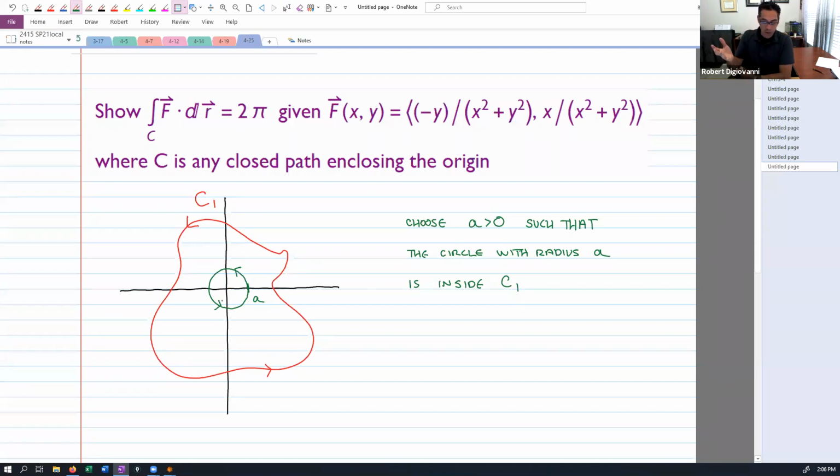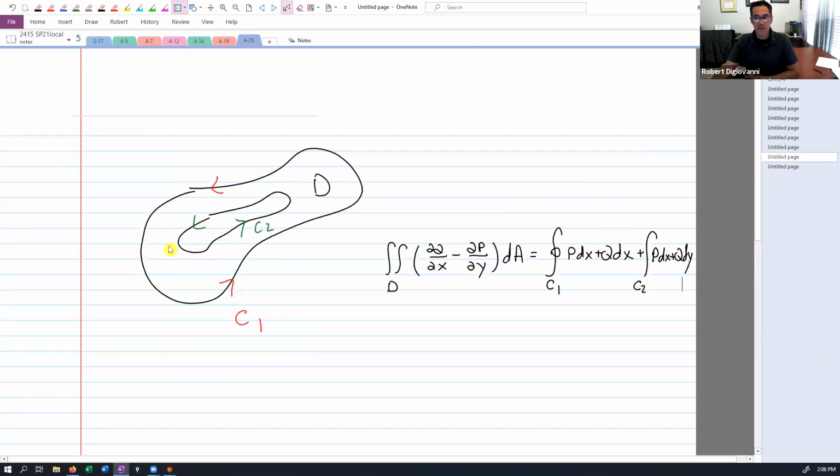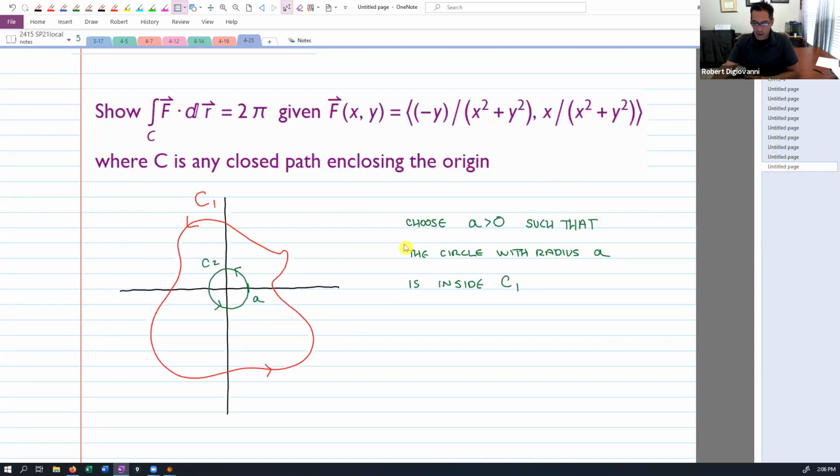Now, we know that we can call that curve anything. Let's call it C2. See, is this starting to look like this? And we just determined from all the work that I just showed you that this is true.